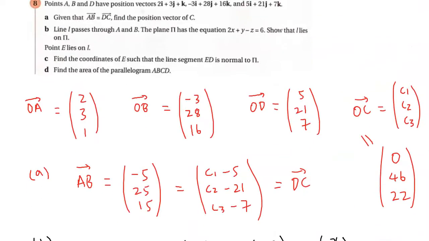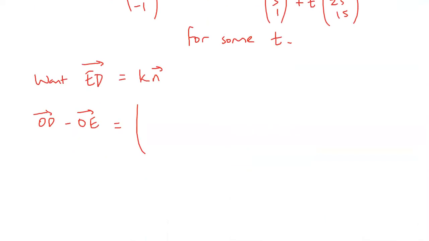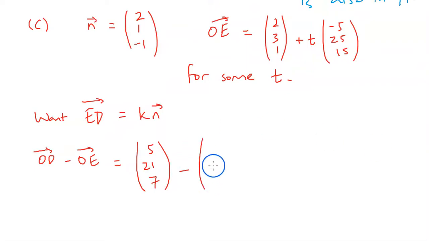OD was 521.7. Okay, minus OE, which is 2 minus 5t, 3 plus 25t, and 1 plus 15t.